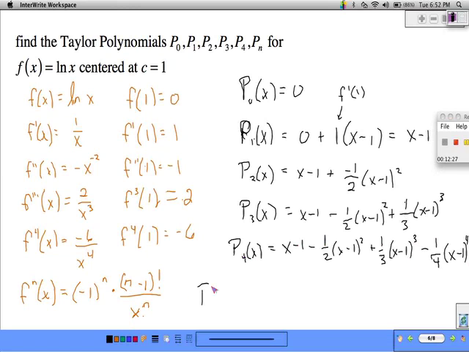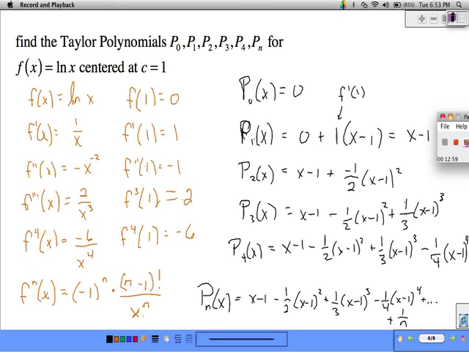so in general, my nth degree Taylor polynomial would be x minus 1 minus 1 over 2 times x minus 1 squared plus 1 over 3 times x minus 1 cubed minus 1 over 4 times x minus 1 to the 4th plus and so on plus 1 over n, plus negative 1 to the n minus 1 or n plus 1, because I want the even terms to be negative, over n times x minus 1 to the n.